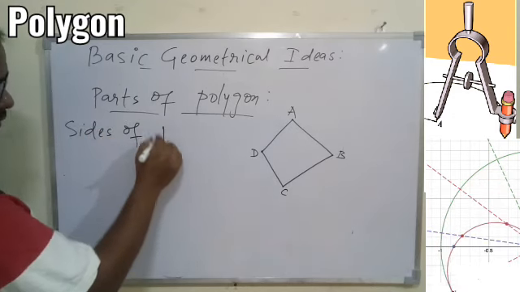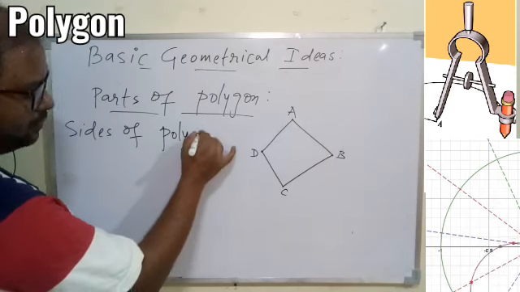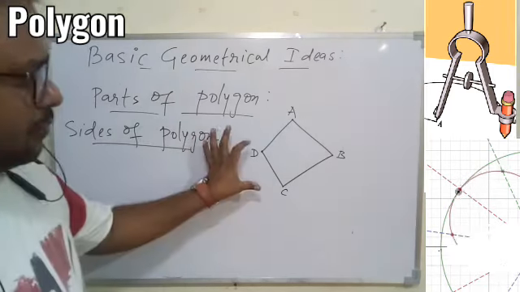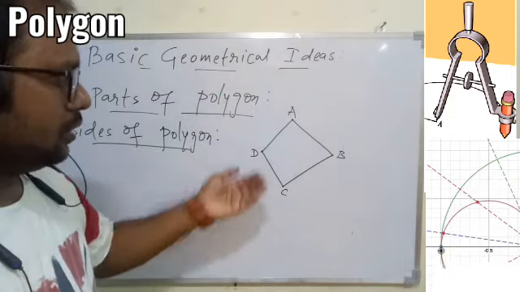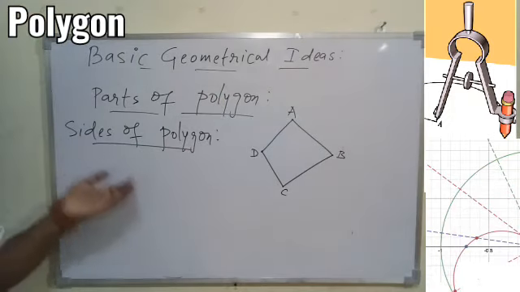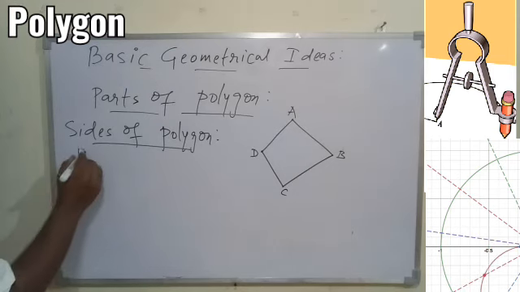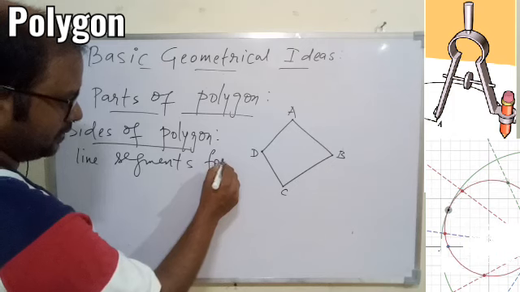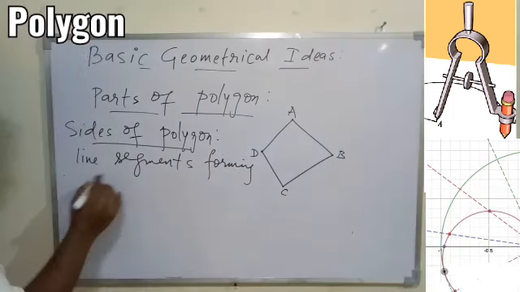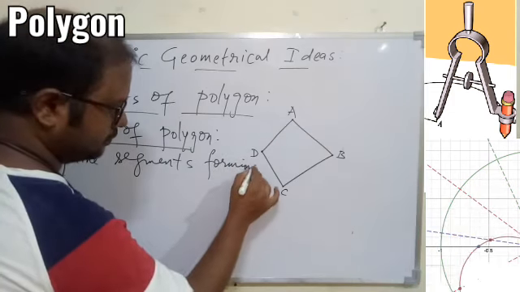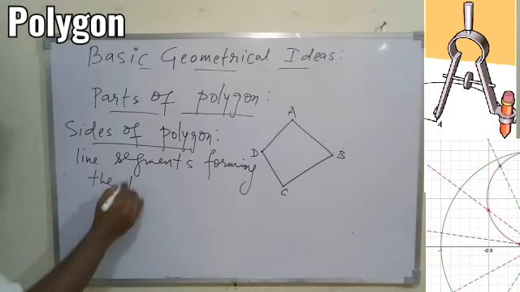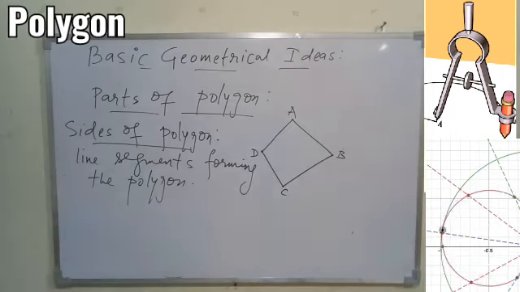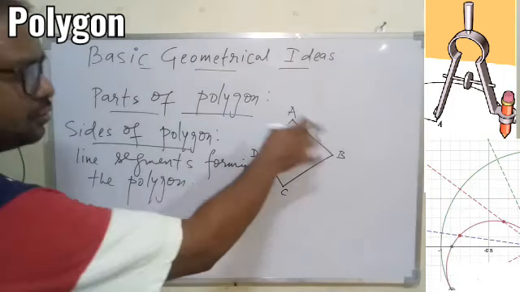So very first, sides of polygon. Only with the help of an example can you understand them. So we can say the line segments which are forming the polygon are given the name called sides. So how many sides do we have here? 1, 2, 3, 4.